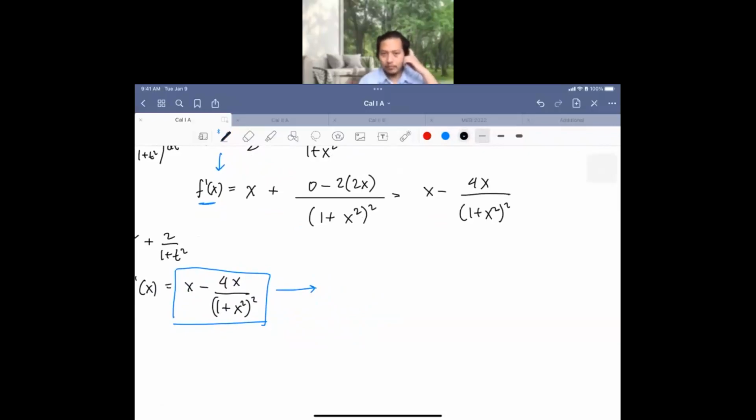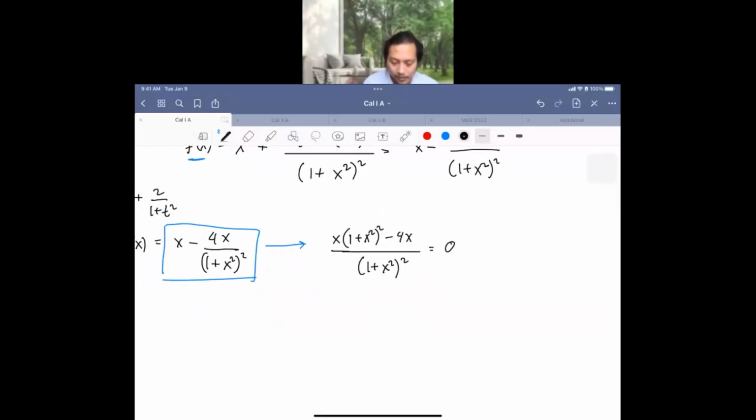We could see that x and then 1 plus x squared minus 4x, we could take this and make it equal to 0. So x times 1 plus x squared minus 4x equals 0.